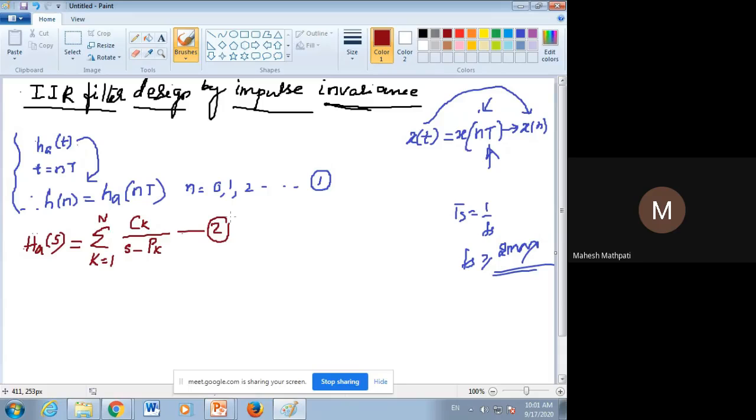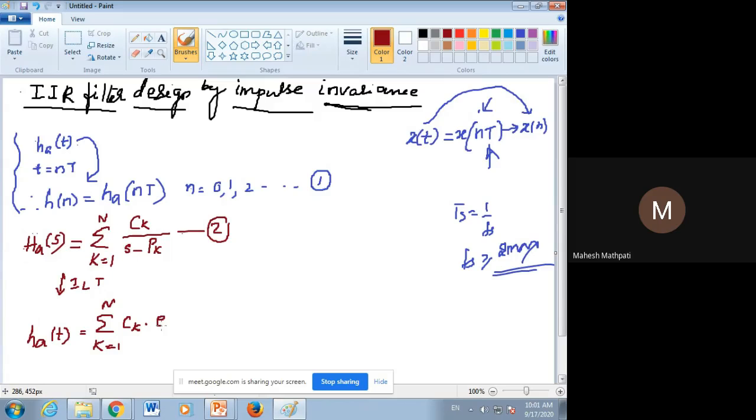Now, if I want to take the inverse Laplace transform of this, then I'm going to write it as h A of t, which equals the summation k equals 1 to n, the coefficient c k remains the same, into... So can anyone tell me what I can write here?